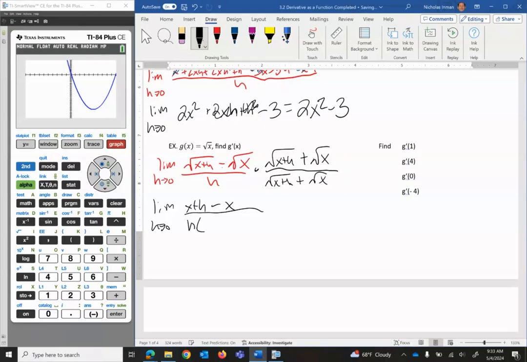The bottom we're just going to leave. We should notice that the x's here cancel. You see h and h will also cancel. But when something cancels from top and the bottom, we are left with a 1 on the top. It can't be nothing. So we still have a 1.